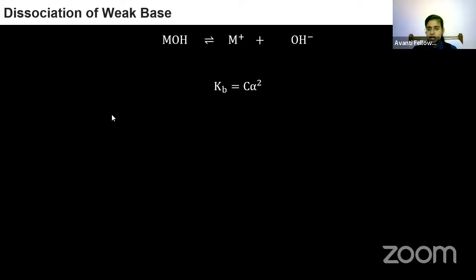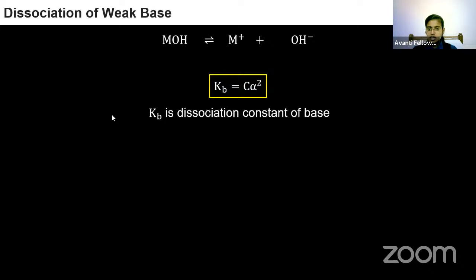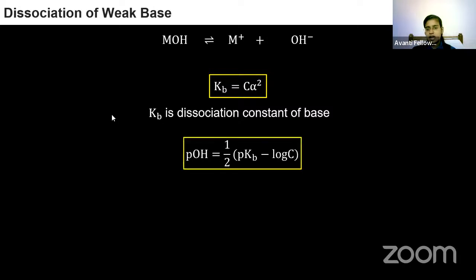And here you can see Kb is equal to C alpha square, where Kb is the dissociation constant of the base. To find out the pOH, it is 1 by 2 pKb minus log C. The only difference is there we have used a, right? Here you have to use b, that's all. There pH and here pOH. This is the only difference between these two. The remaining things are the same.